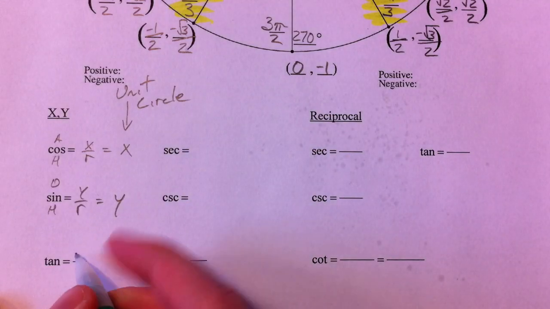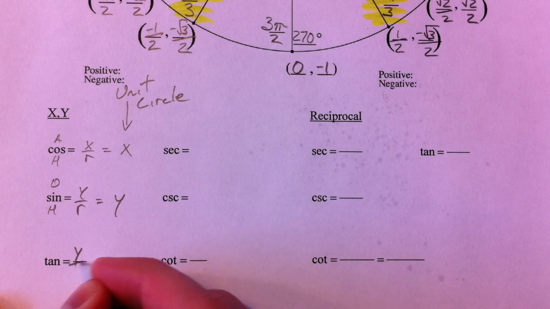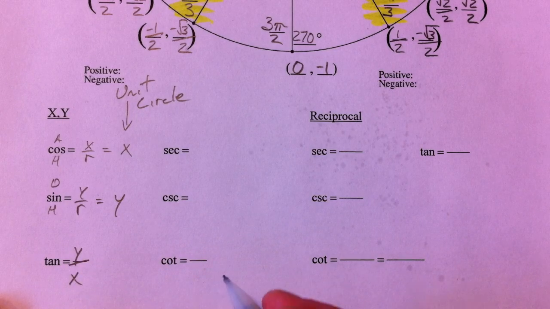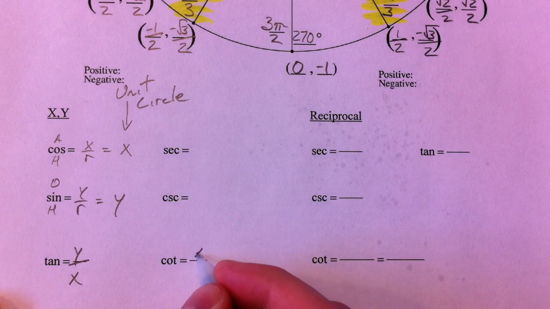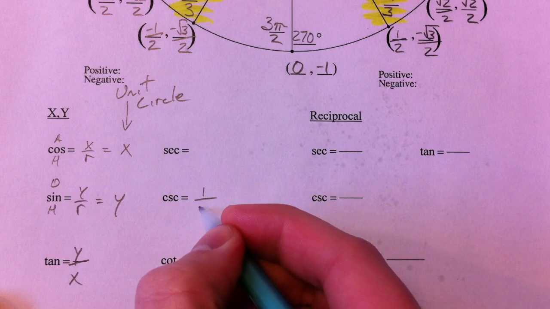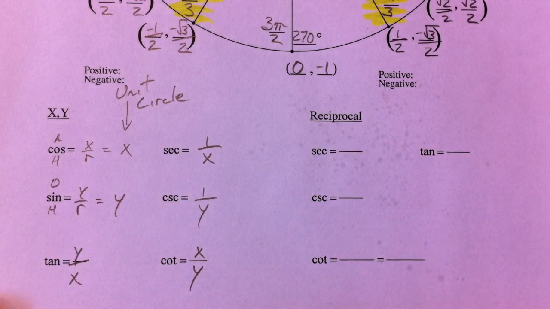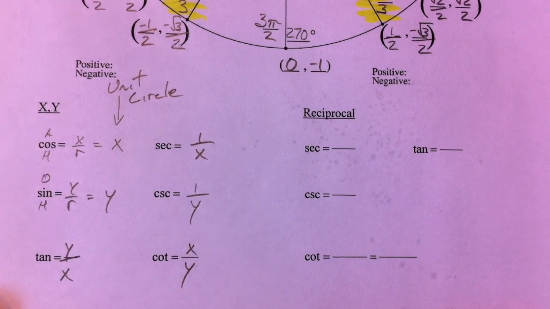And the tangent is the sine over the cosine, the y over the x. And so the cotangent, in the same way, is the x over the y. The cosecant is just the reciprocal of the sine, and the secant is the reciprocal of the cosine.